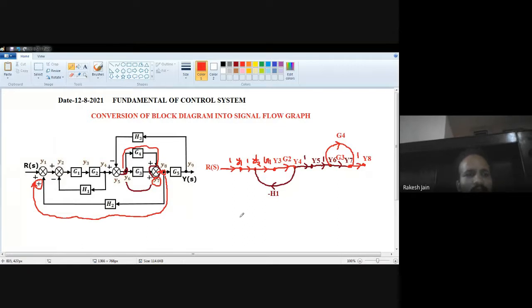Where is our y1 node which represents the summing junction? The y1 node is this one. So the direction is from y8 to y1, and the value of the gain is plus h2.